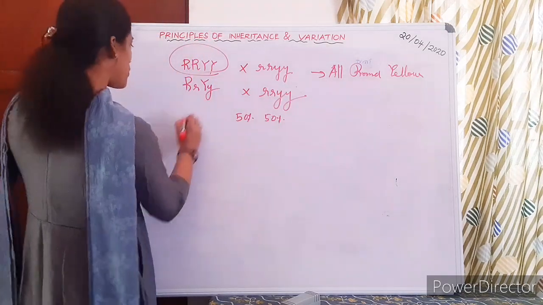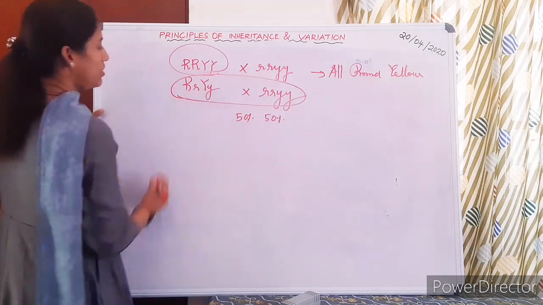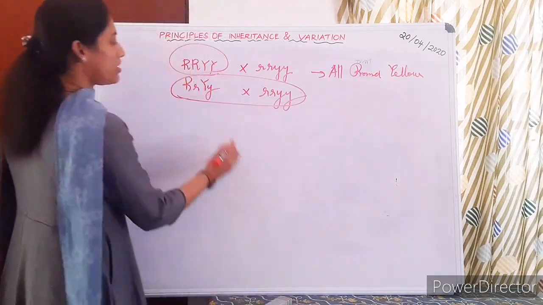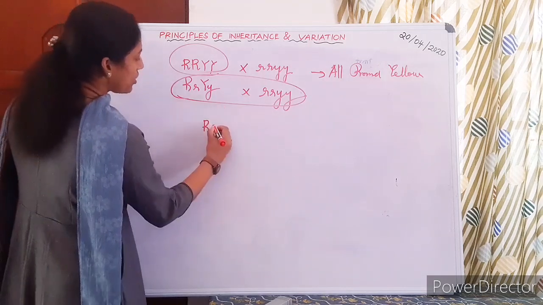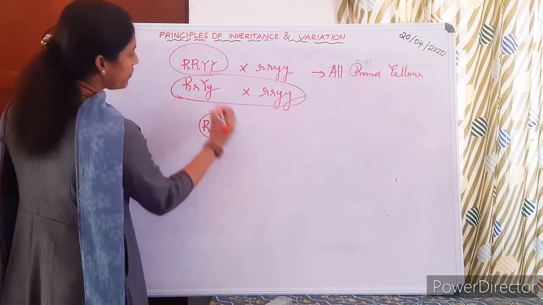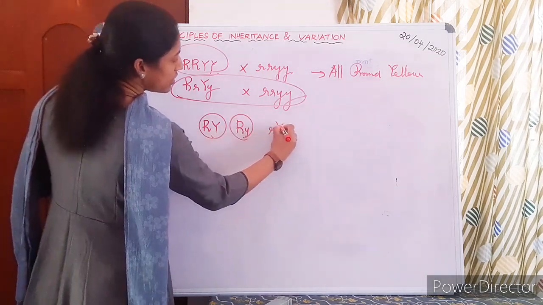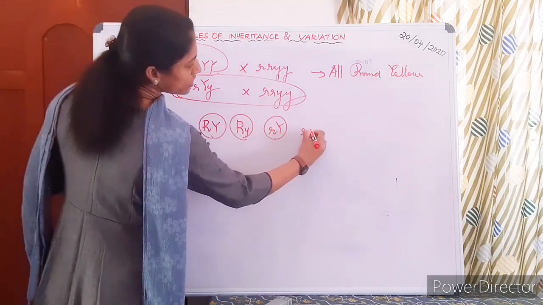And here, if it is heterozygous, for that we will just show the cross. The ratio is 1:1:1:1. The first combination will give all four types of gametes: RY, capital R small y, small r capital Y, small r small y.